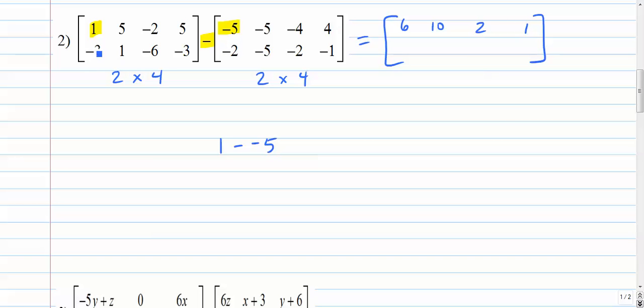Going down here now, -3 minus -2, that is going to be -1. 1 minus -5 is 6. -6 minus -2 is -4. -3 minus -1, that would be -2. Alright, and that's it. Again, the resultant matrix is also a 2 by 4.